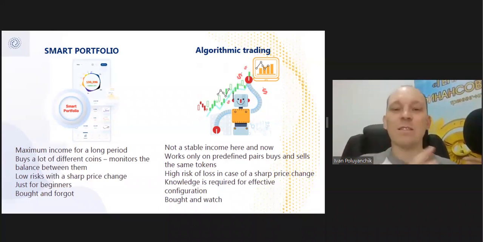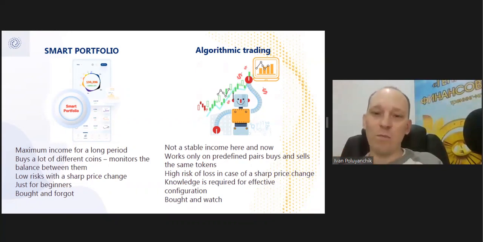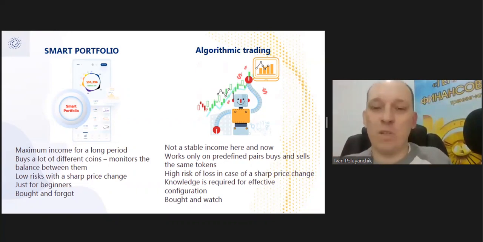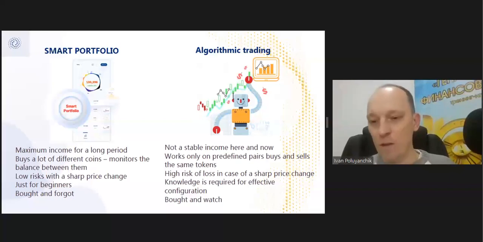It doesn't care whether the market goes up and down. It monitors whether the composition of the market changes. The smart portfolio doesn't care about the price. It cares about the composition. Whereas the trading bots work with the price and they don't really care about what kind of a token it is, whether it's good or bad, whether it will potentially grow.